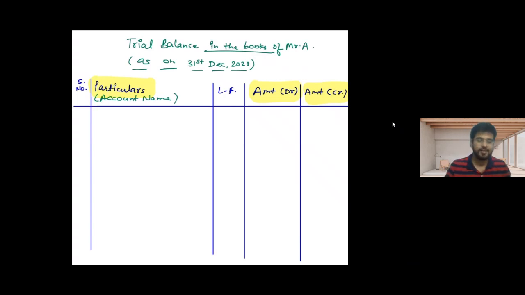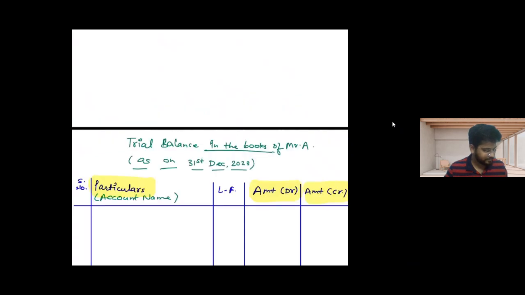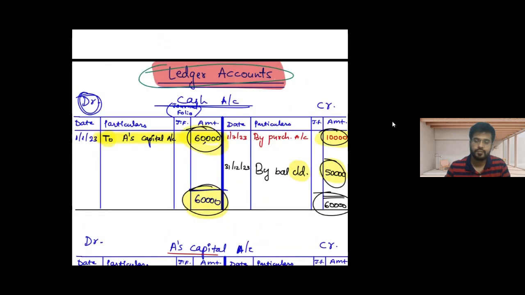Now, let us put the information from our ledger accounts into the trial balance. Let's do that exercise. What was our first account? We had our first account as cash account. What I can do is switch two tabs so that it would be easy to scroll.